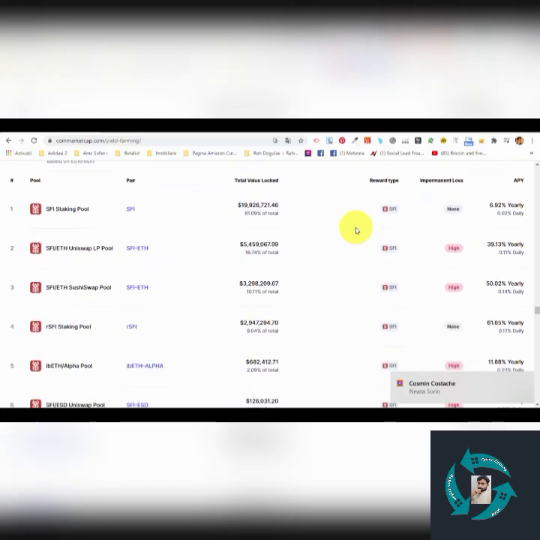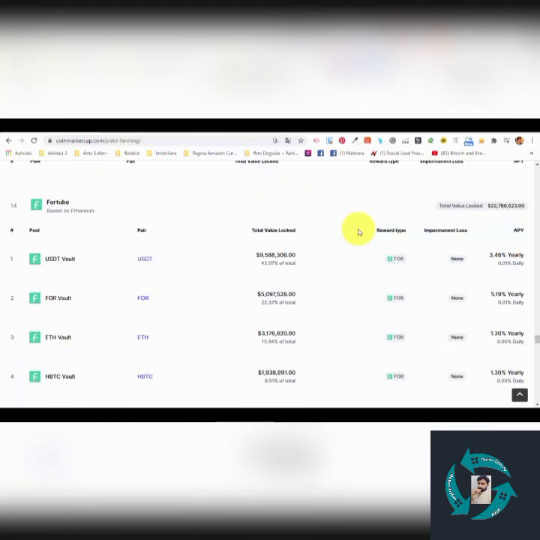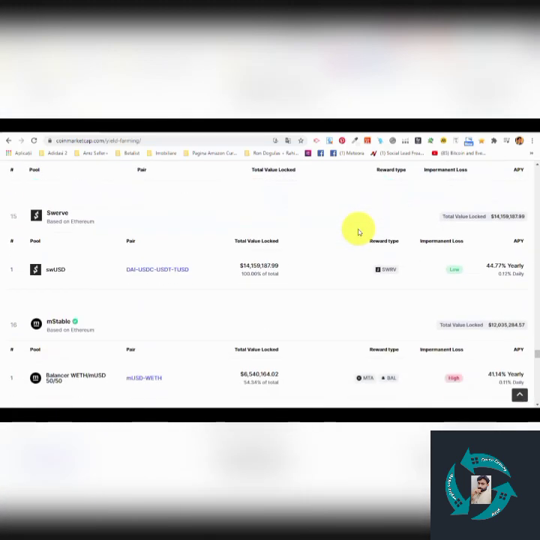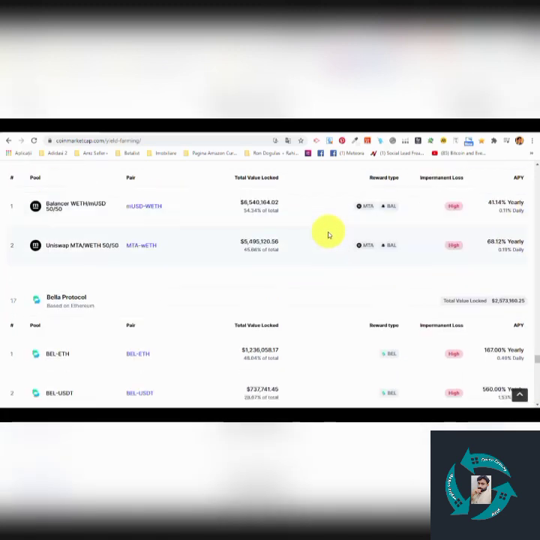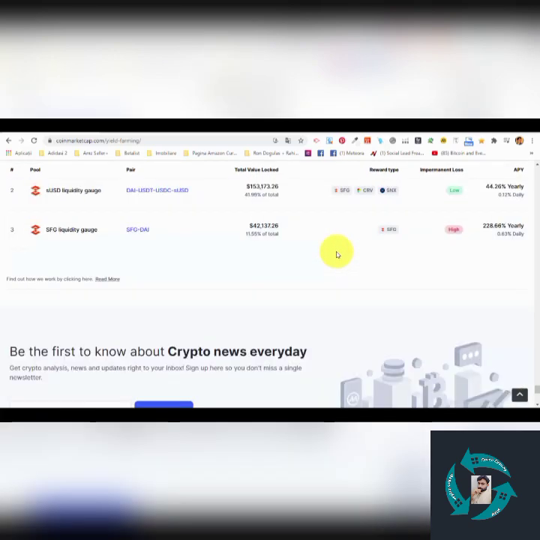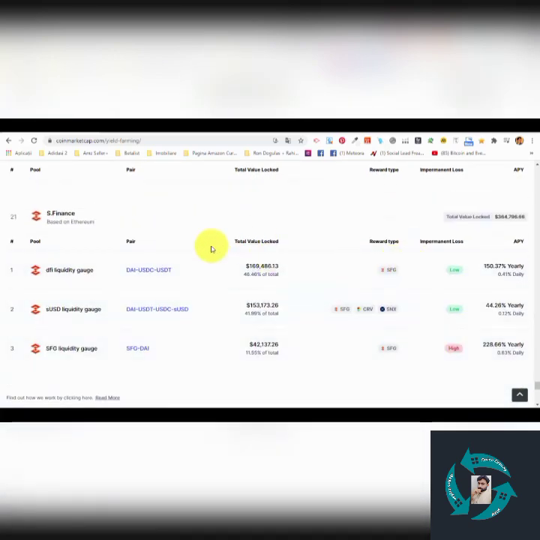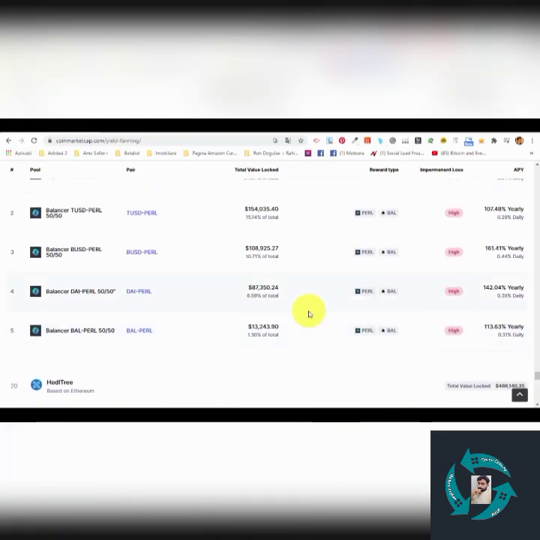We also have this one, a low impermanent loss rate, very good return per year. And again for S Finance we can see that the total value locked is pretty small, so we wouldn't go for something like that, but again, these are your decisions, you know what to do.